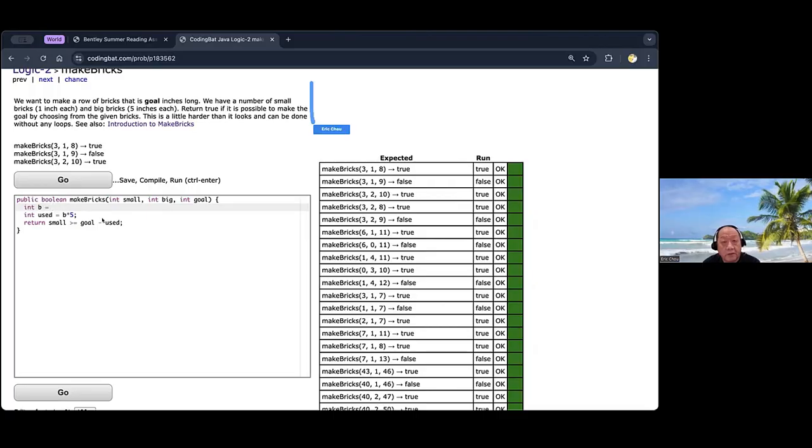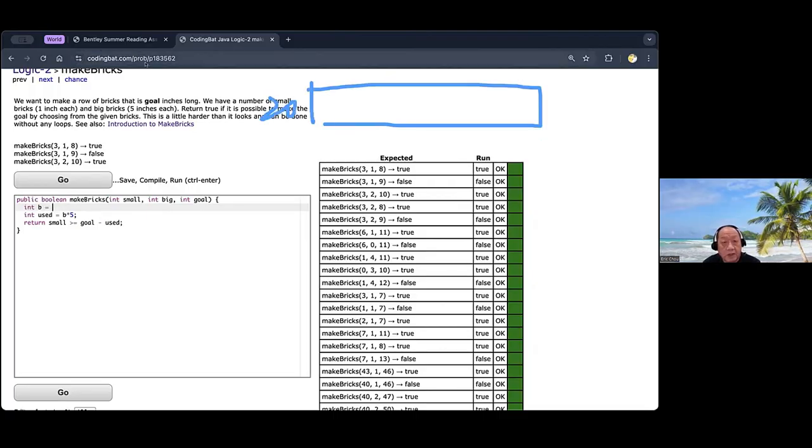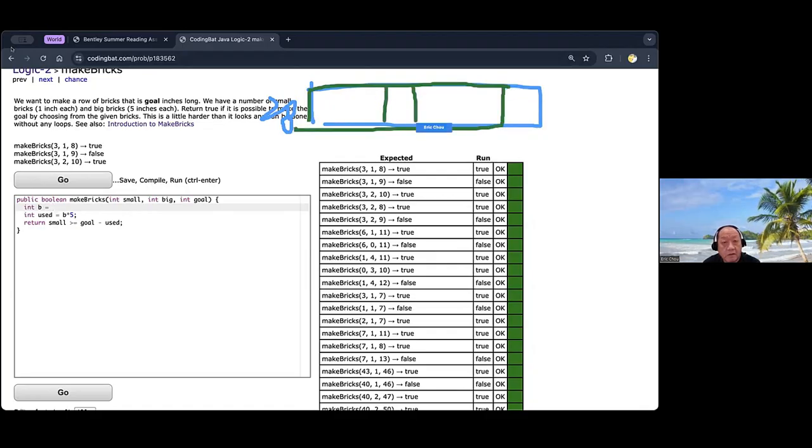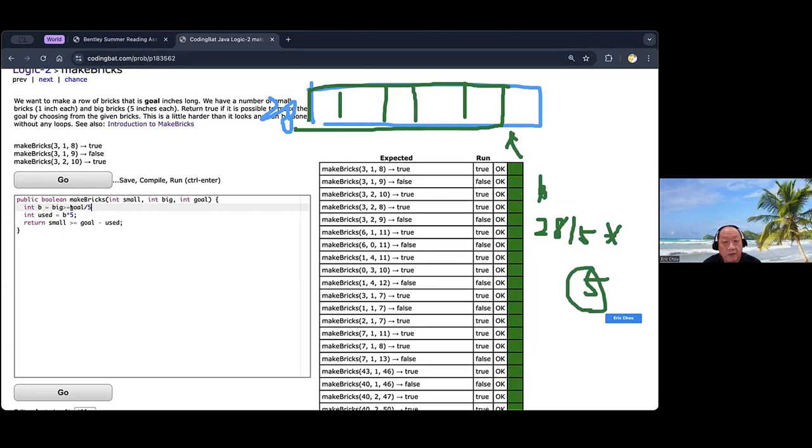So you draw a diagram here, you have 28, right? And then the maximum big one that you can use will be right here. This maximum is actually 28 divided by 5, the maximum big ones that you can have.